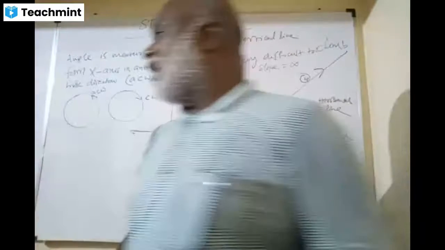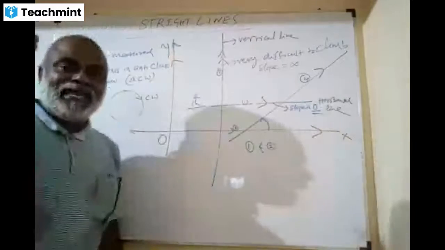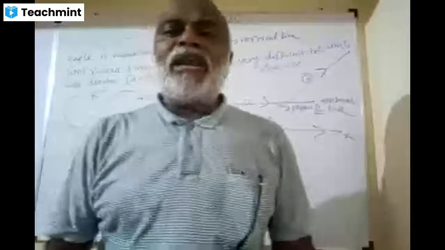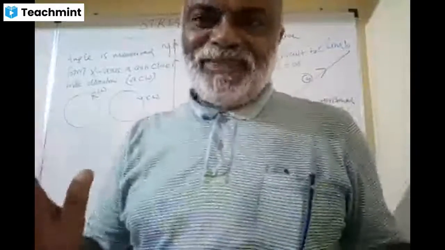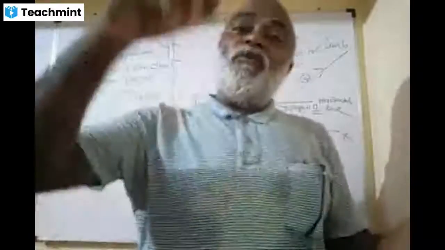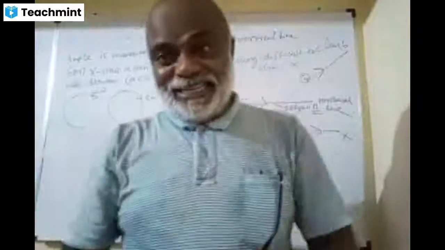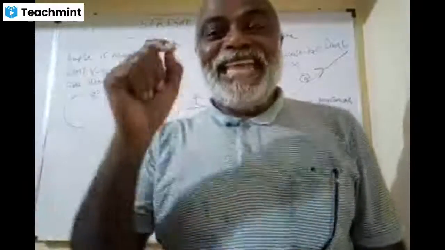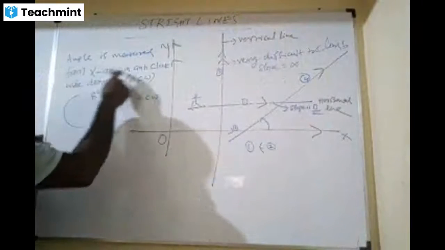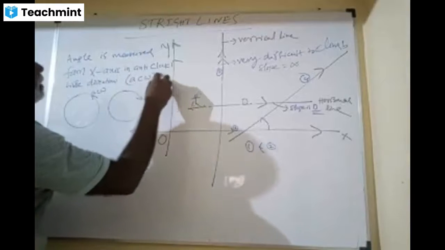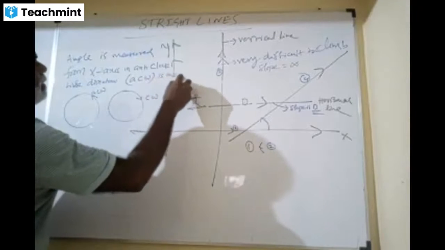Therefore, all of us have come to one understanding that we measure the angle from the x-axis in the anti-clockwise direction. That angle is taken as positive. If you are forced to measure in the clockwise direction from the x-axis, that angle is taken as minus.